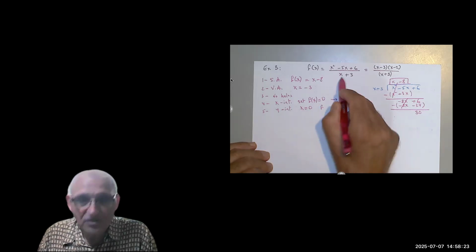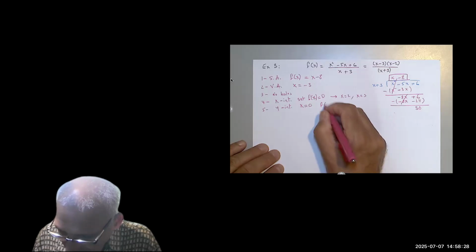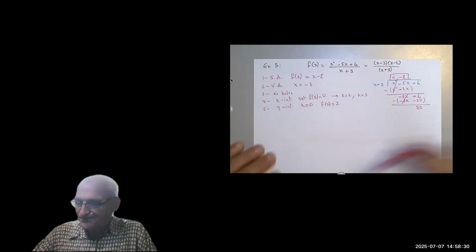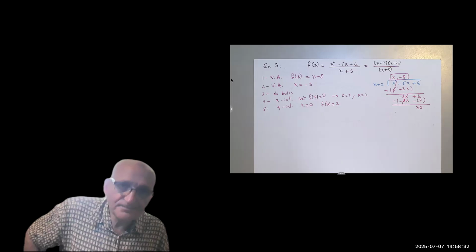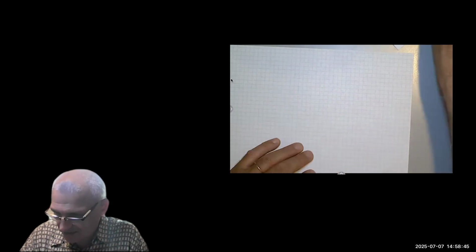If x is 0, these terms would be 0. And you get 6 over 3, so f of x equals 2. So let's do that. I don't have a horizontal asymptote. I have a slant asymptote.